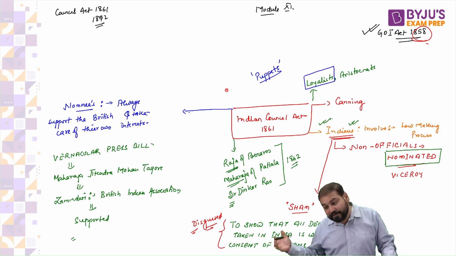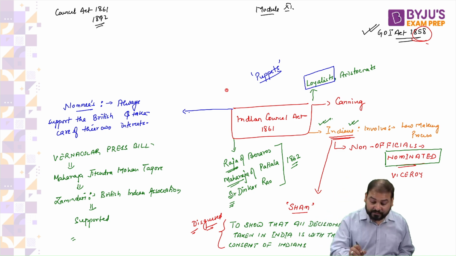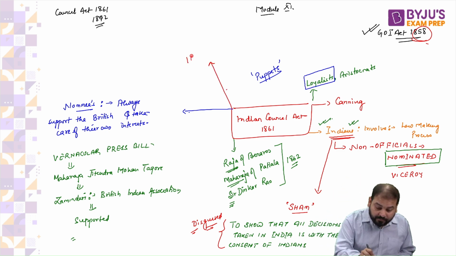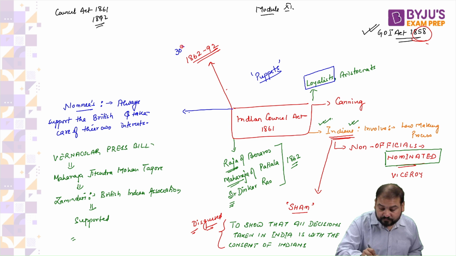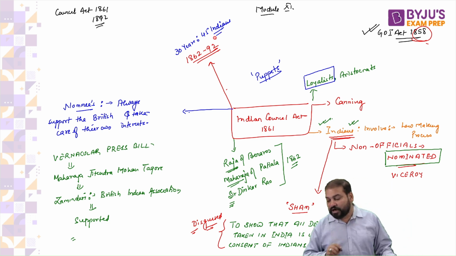For example, in India's Struggle for Independence, it is written that from 1862 till 1892, that is in 30 years, 45 Indians were nominated in the council.